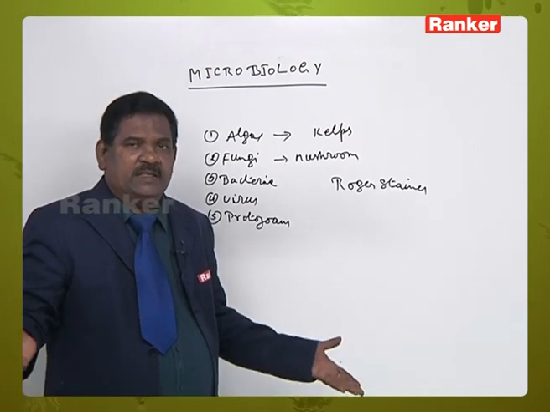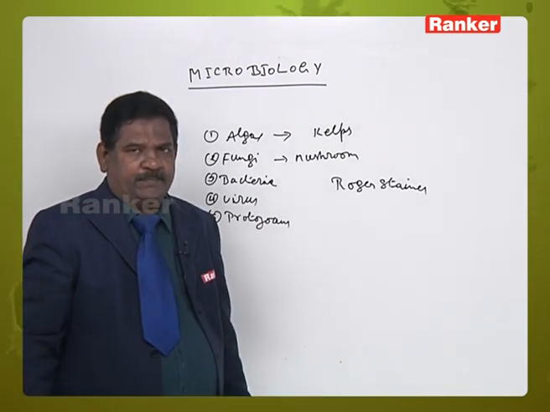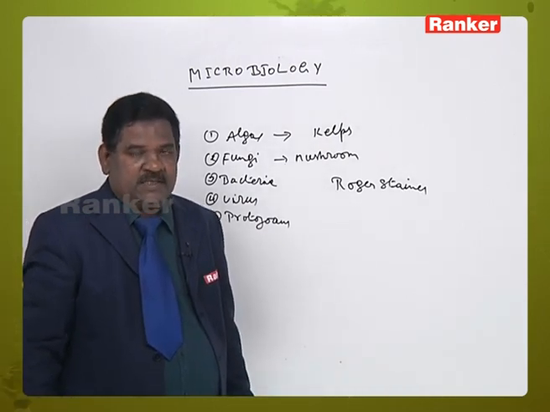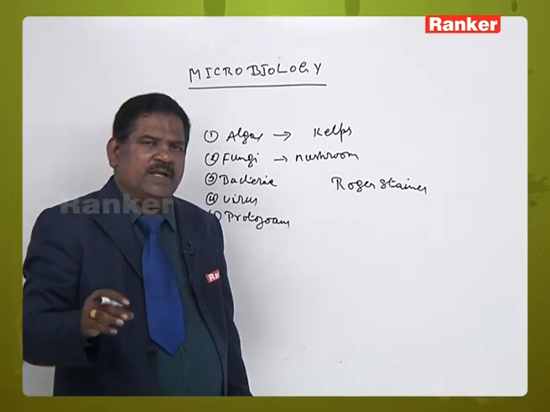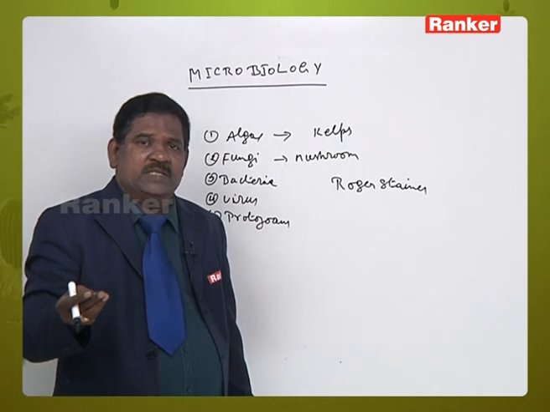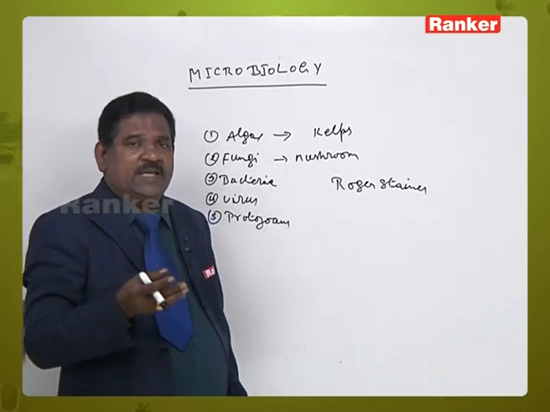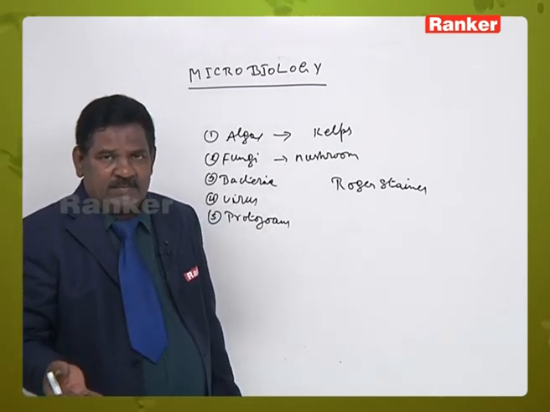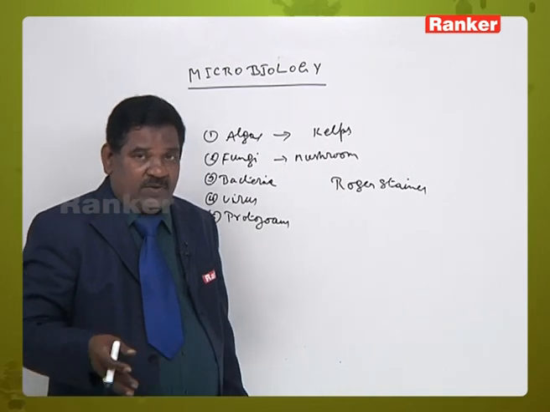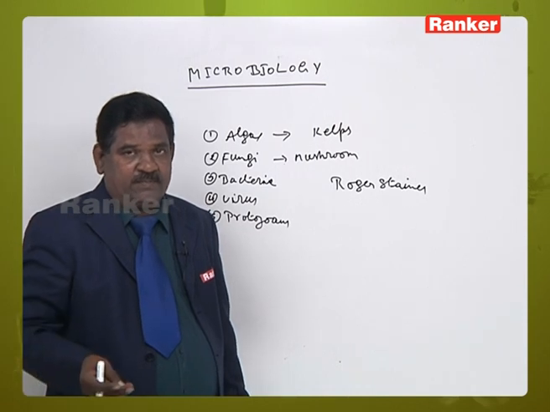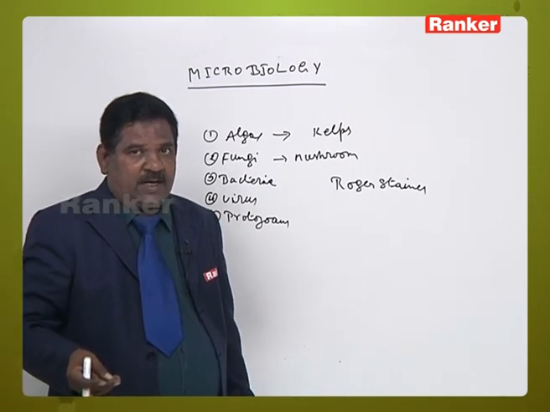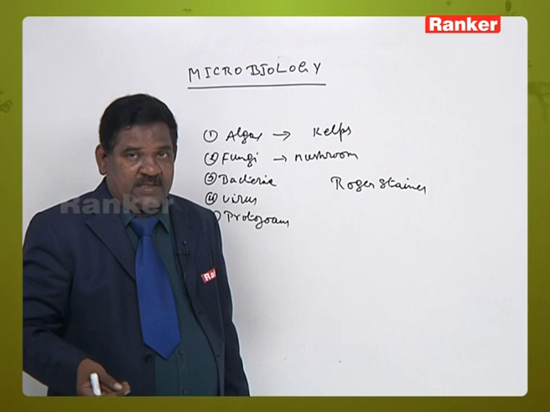Where are they present? They are ubiquitous, present everywhere, in almost all areas. Generally, wherever moisture and nutrients are available, these microorganisms are present. Acidic regions, acidophiles. Alkaline regions, basophiles. High salt concentration, halophiles.